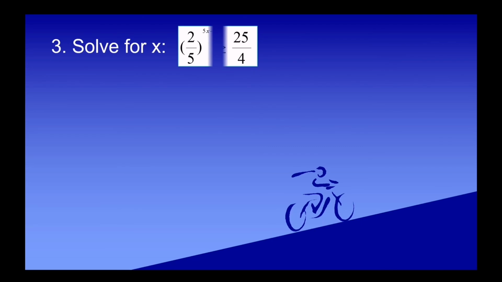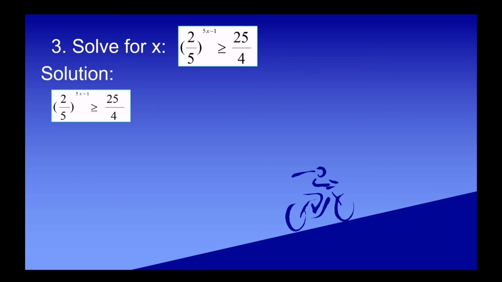For number 3, solve for x. So okay, ang given natin with the base of 2 fifth and 25 over 4. So yan ang given natin. We must find the base of 2 over 5. So since 25 over 4 can be written in the form of 5 squared over 2 squared, applying the negative exponent, okay, magkaroon tayo dito ng reciprocal.